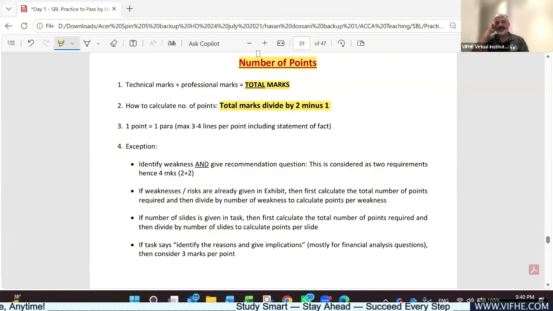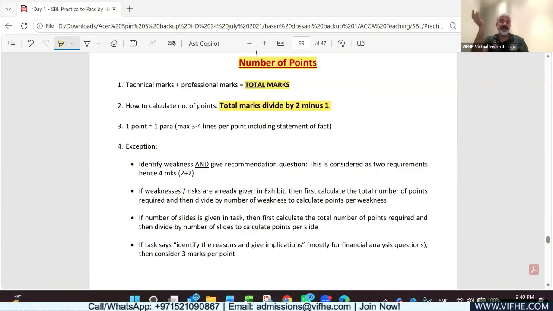Now let me complicate. If it is a 15 mark question, odd number. So 15 divided by 2 is 7.5. 7.5 minus 1 is 6.5.